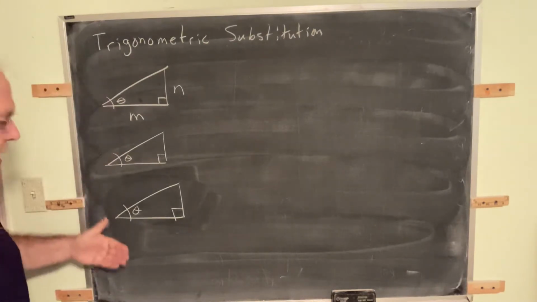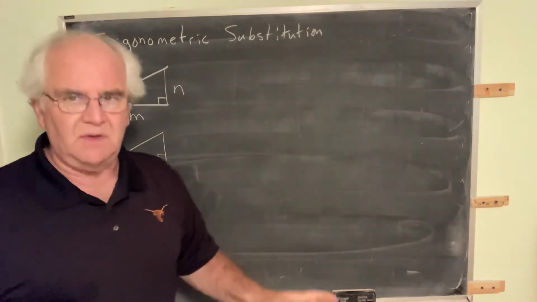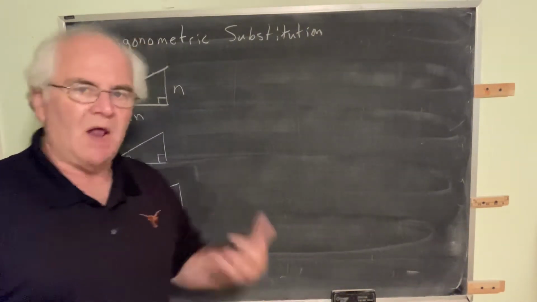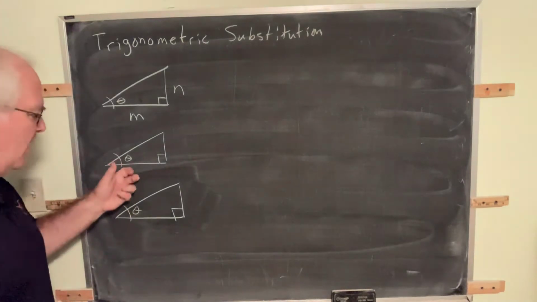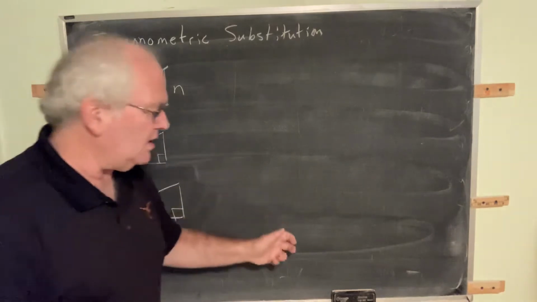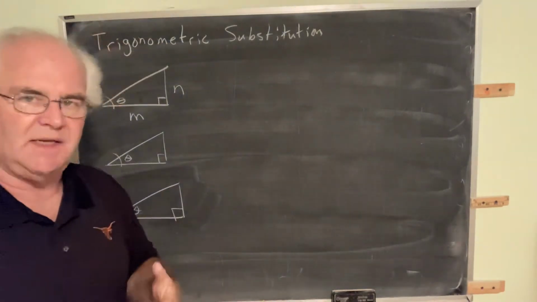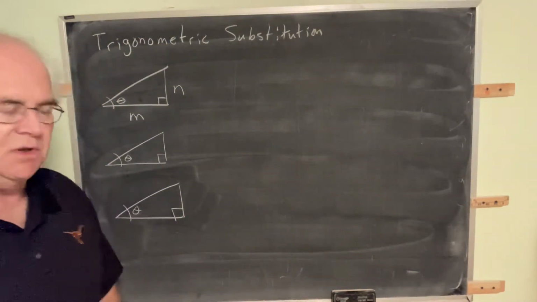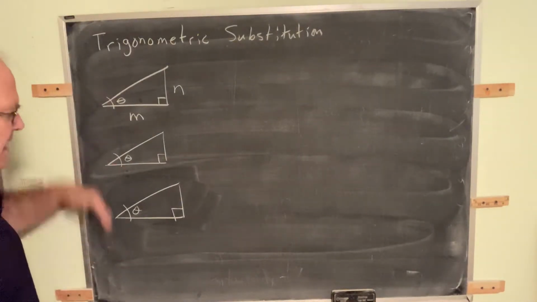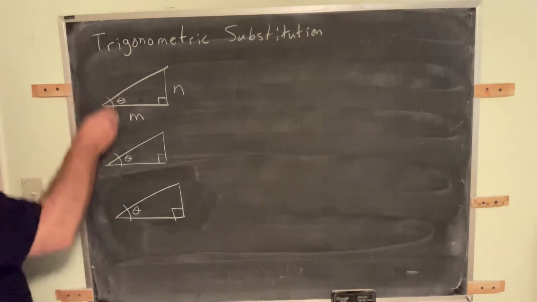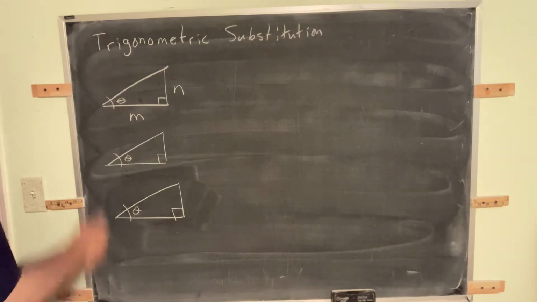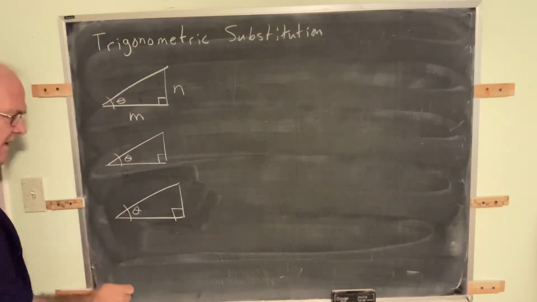There are other ways to do this, and you can memorize some things, but what I'm going to take is a procedure that helps not only get the substitution correctly at the start, but also when we finish and need to translate back to the original variable, it will help if we have these triangles drawn. So I'm going to do this the same way every time, and always put theta in the lower left corner. It can be done differently, but I'm always going to do the same thing.